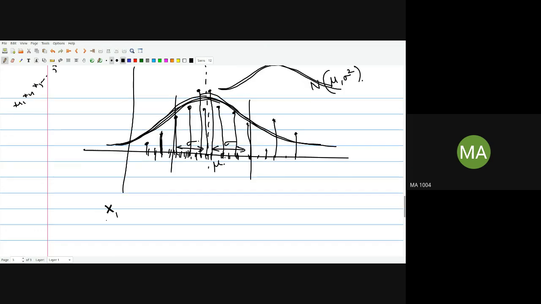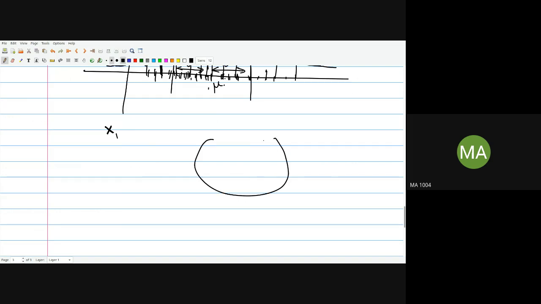If I talk about an example, you have a pot and there are some 100 balls inside it, numbered 1, 2, 3, and so on up to 100. If I pick any ball randomly, the number on that ball will be a random variable. Yes or no?